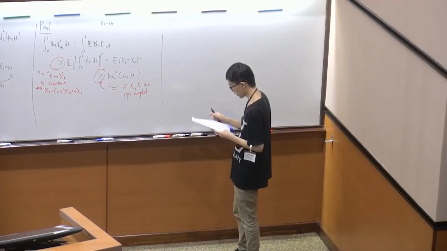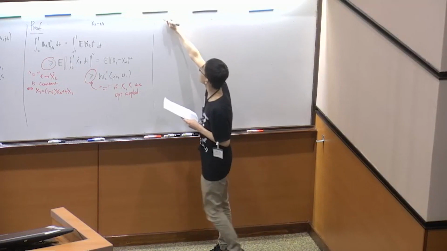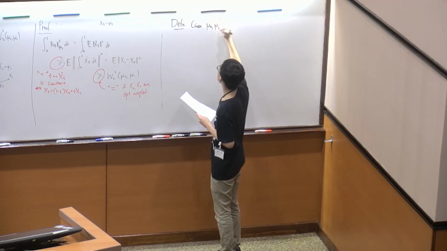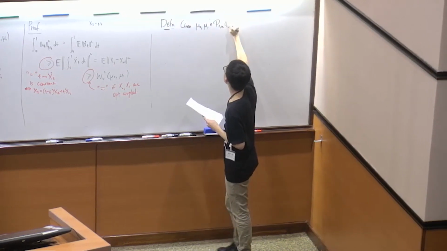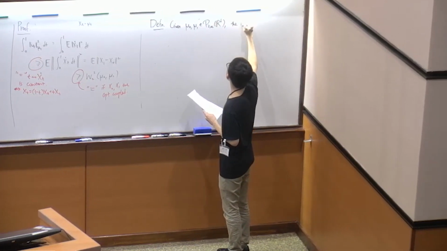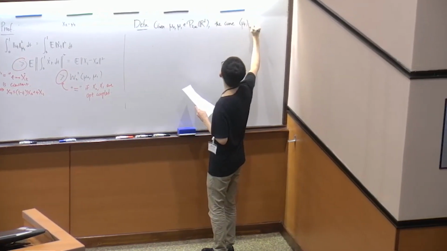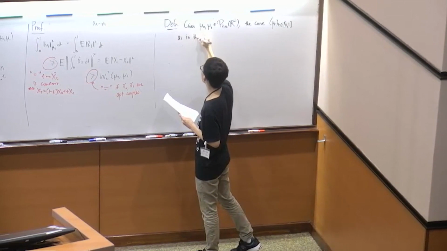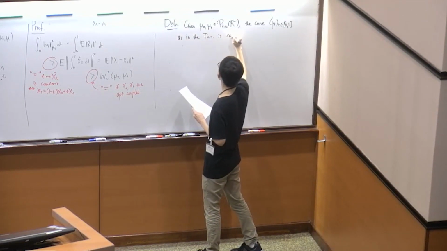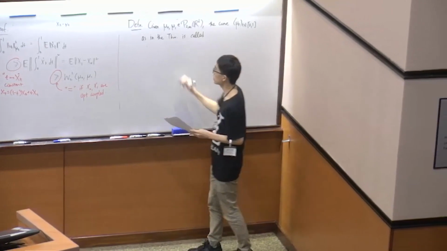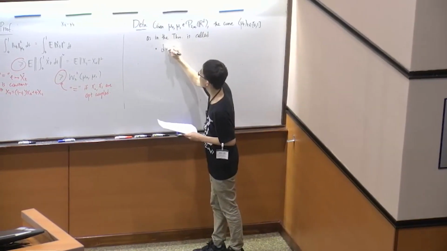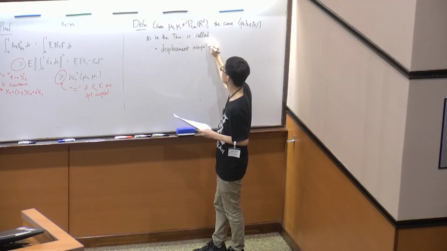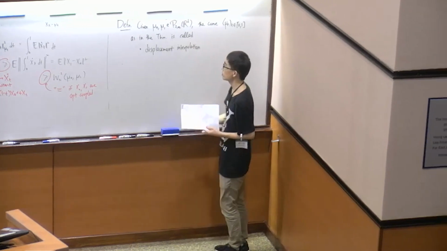All right, so now let's just make a definition. Given two probability measures, mu0, mu1, in this space, the curve mu t, as in the theorem, is called, so this has various names, the displacement interpolation between mu0 and mu1.